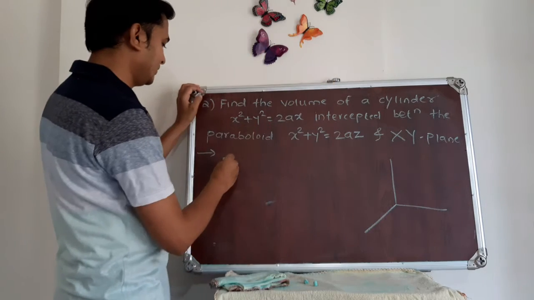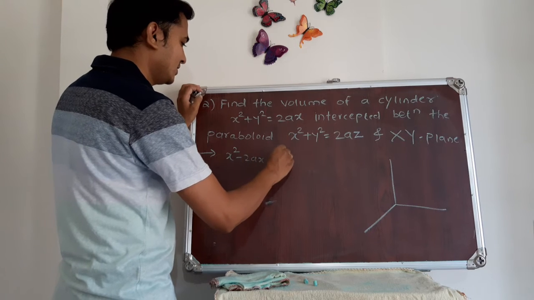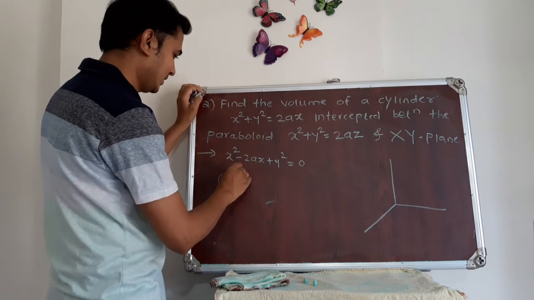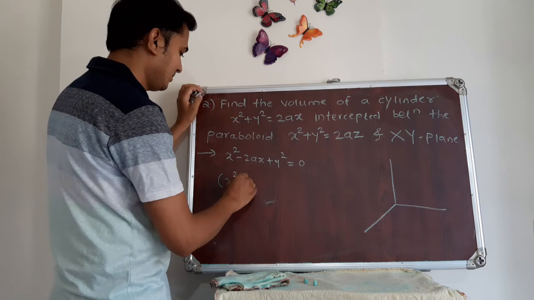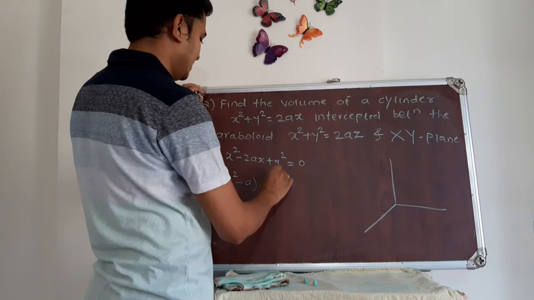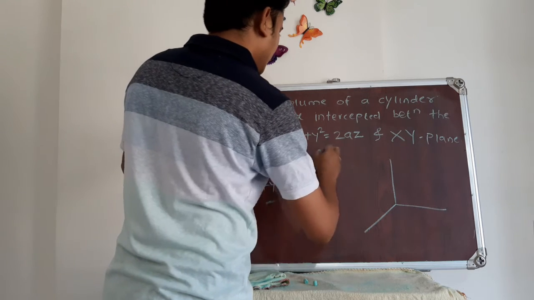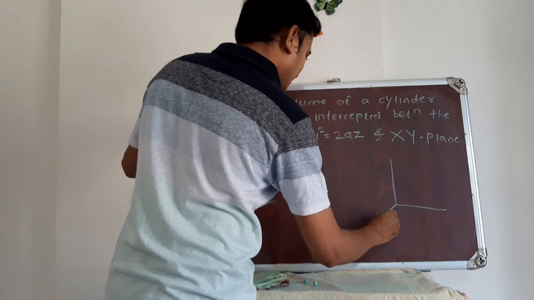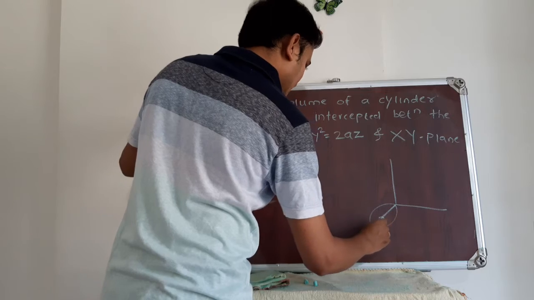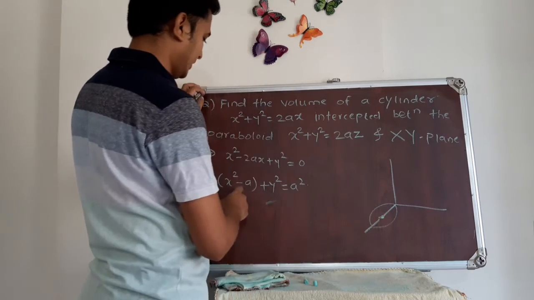If you look at this equation, x² − 2ax + y² = 0, which becomes (x − a)² + y² = a². That means the center is somewhere at (a, 0).